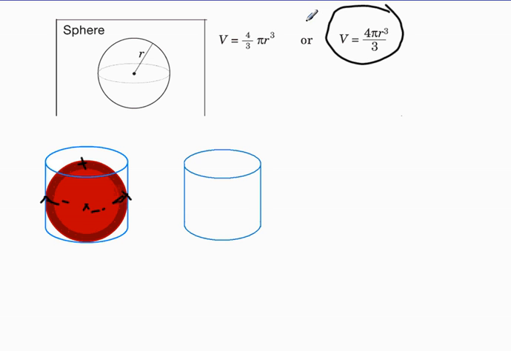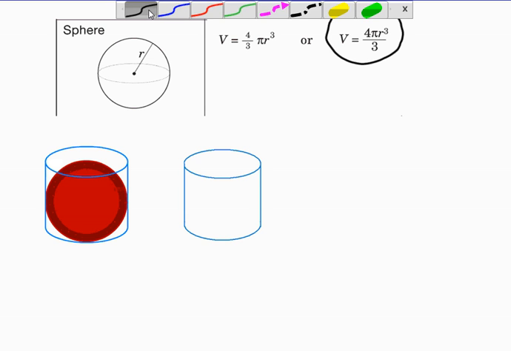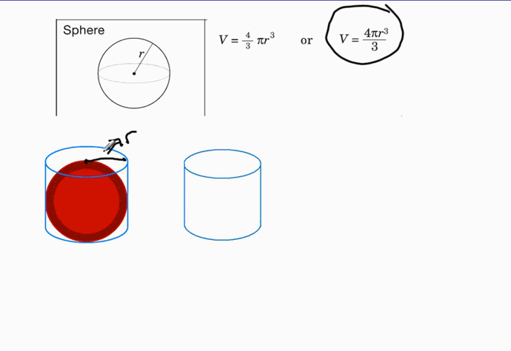And what does that mean? Well, it means that the radius of the sphere is the same as the radius of the cylinder. And it means that the height of the cylinder is actually the radius twice. So again, this particular cylinder, if it perfectly fits this sphere, has a volume of pi r squared h.